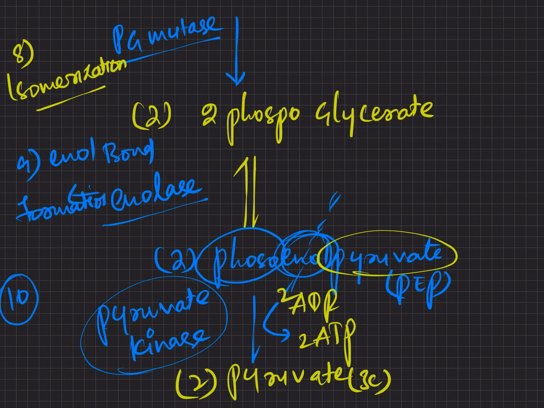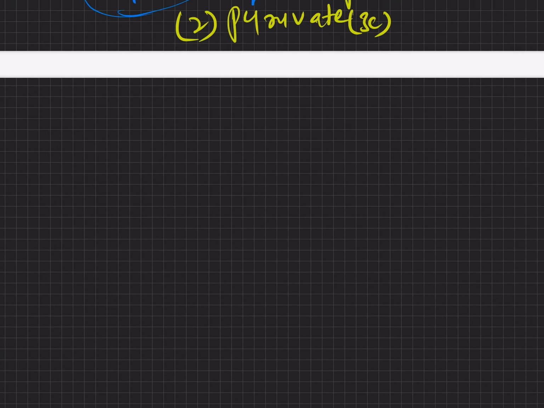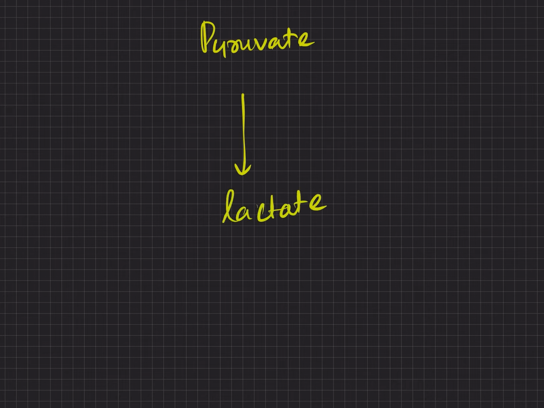Now glycolysis has not stopped with this pyruvate. Whenever anaerobic conditions take place, what happens? This pyruvate will be converted into lactate by the enzyme lactate dehydrogenase.